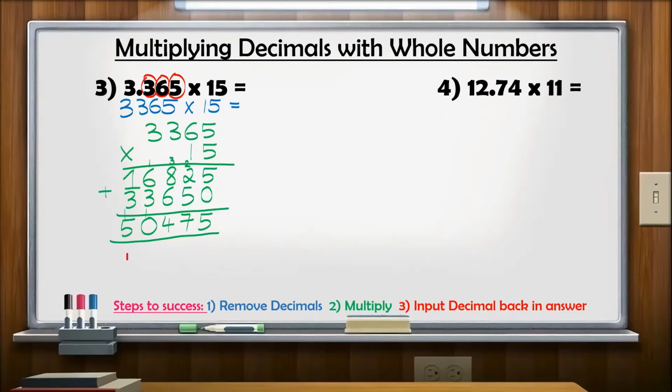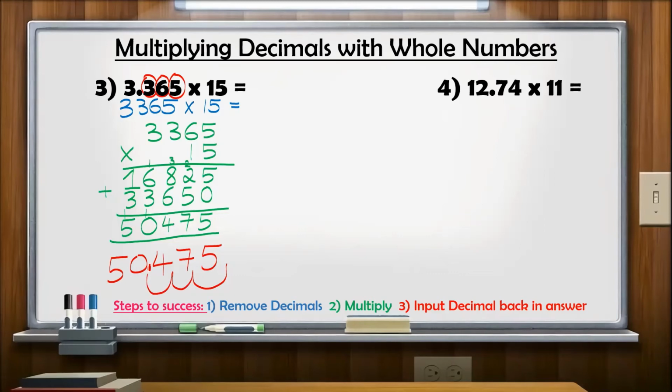So I'm going to write the answer to 3,365 times 15. And then I'm going to insert my decimal point to get my final answer for my original problem. So I'm going to start from the end and I'm going to count 3 places. 1, 2, and 3.